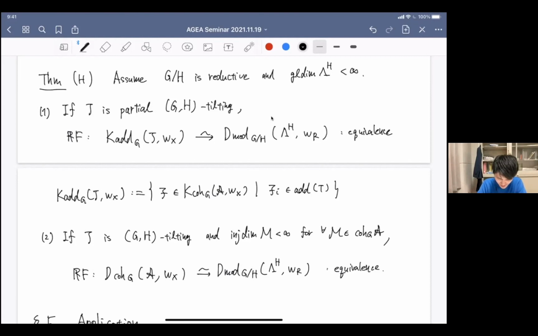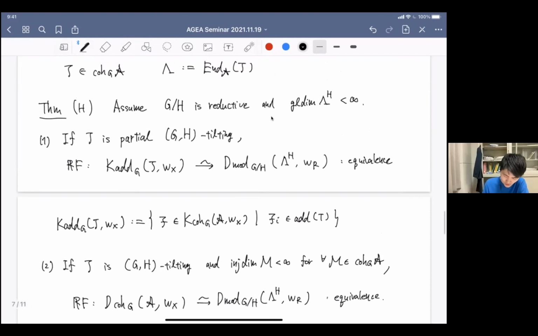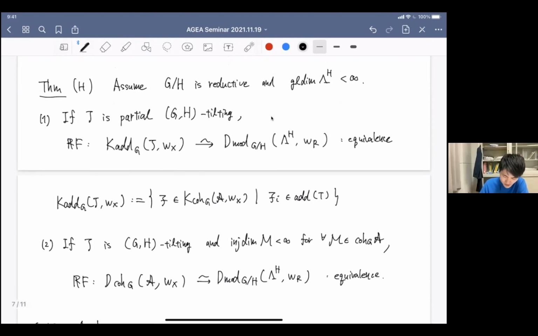You want to consider some stack? For example, the smooth stack associated to a variety with a quotient singularity. If the stack is a quotient stack, then I can apply this theorem. But I don't know if we can generalize this theorem to an arbitrary stack.